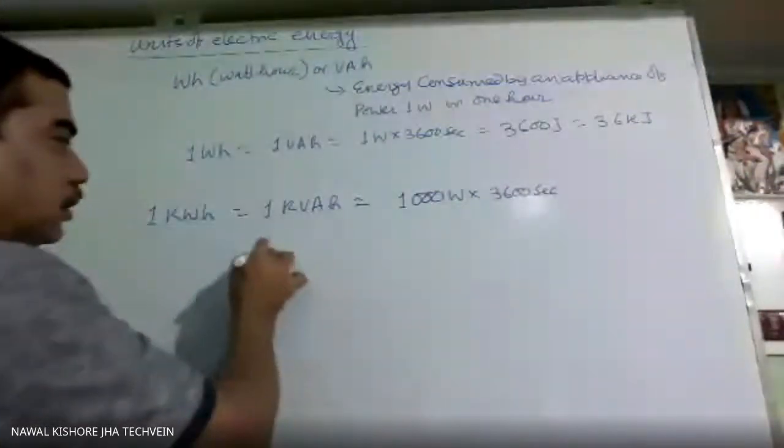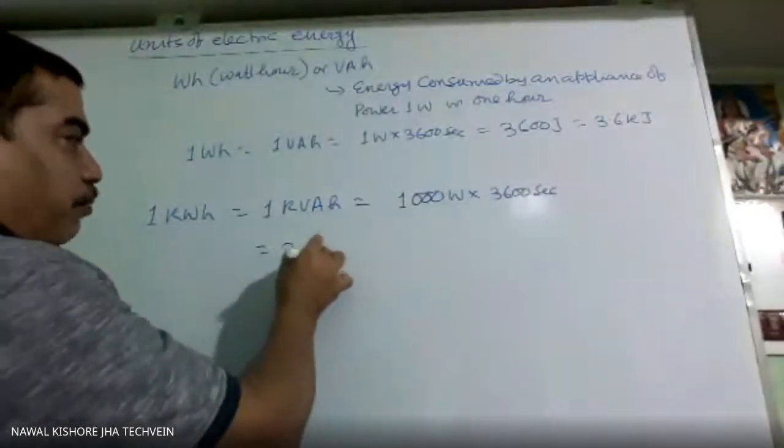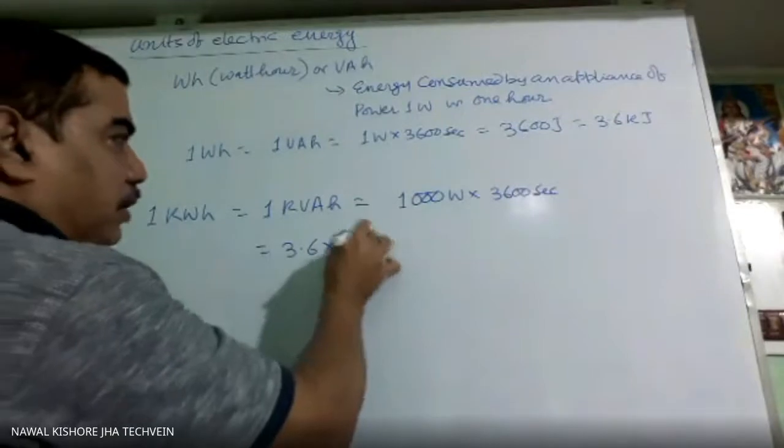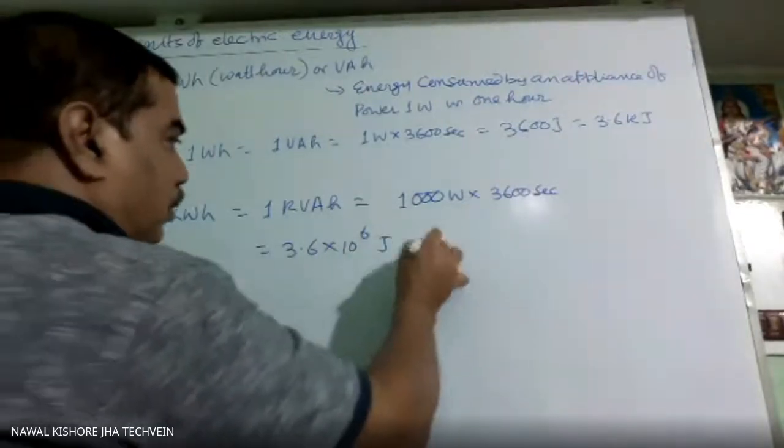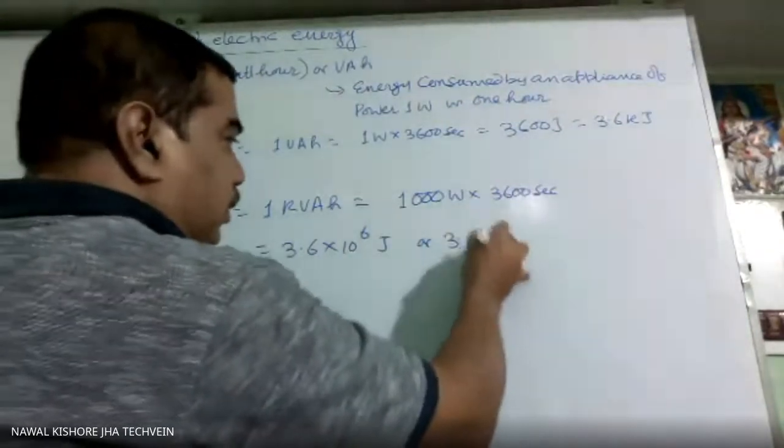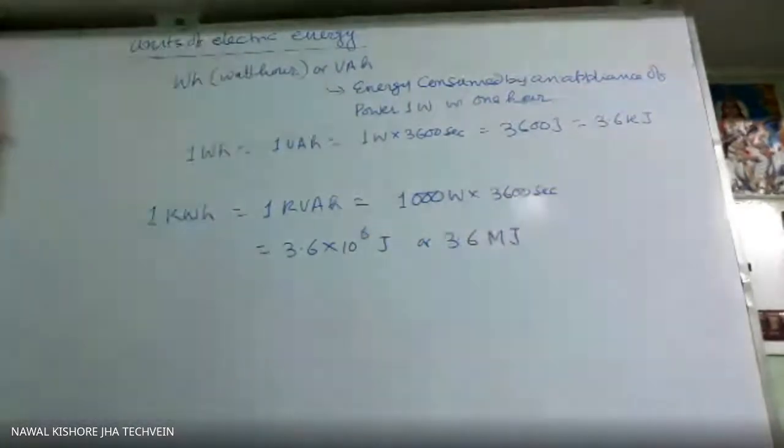Means how much? 3.6 into 10 to the power 6 joule, or 3.6 megajoule. So 1 kilowatt hour means 3.6 megajoule. It is a very big unit. Electron volt is the smallest one, and kilowatt hour is the largest one for electric energy.